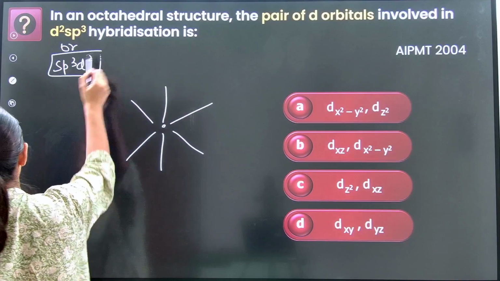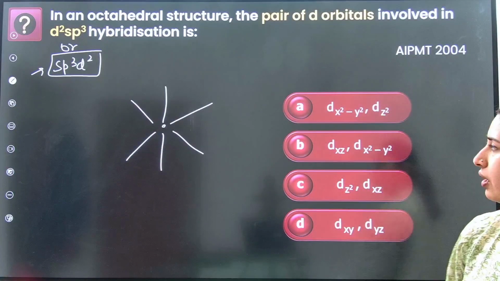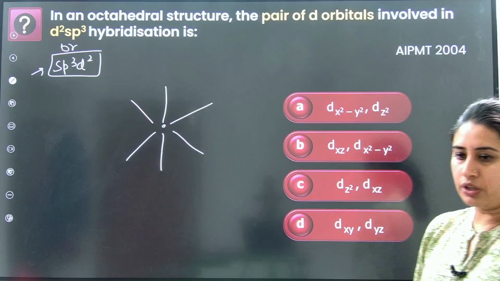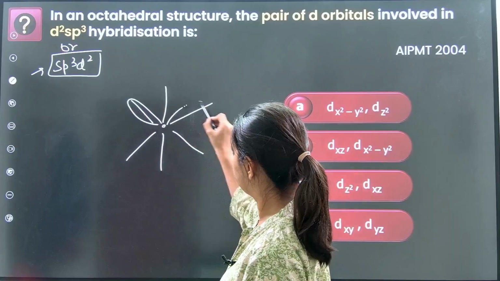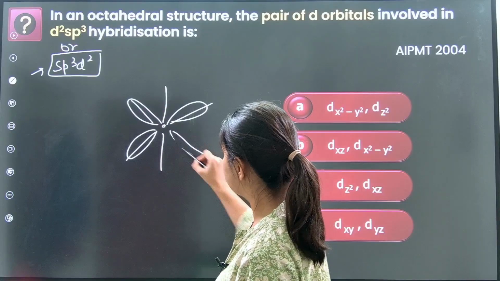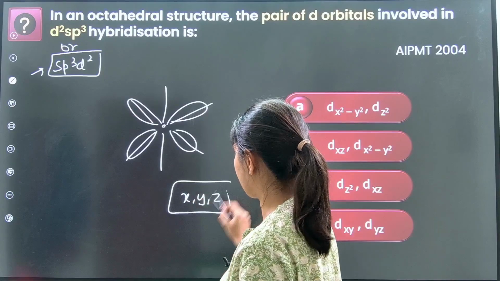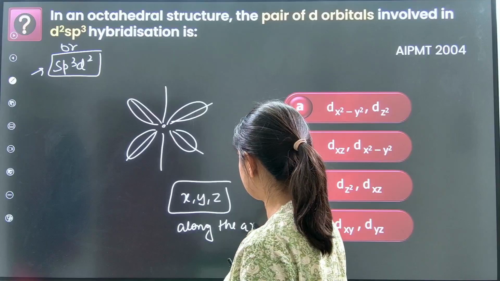So apply what you know from chemical bonding here. What kind of orbitals should be involved? The moment you see it, you would know that we have orbitals which have lobes along the x, y and z axis.